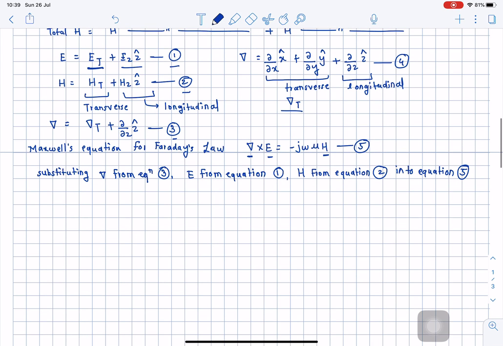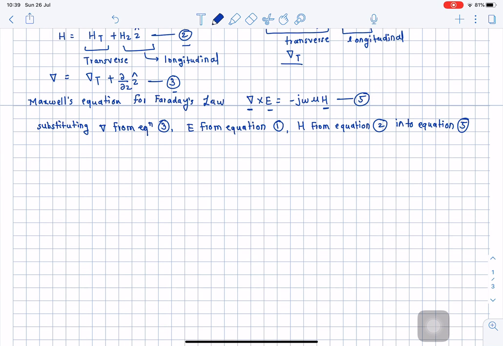When you substitute equations 1, 2 and 3 all together into equation number 5, what will we get?